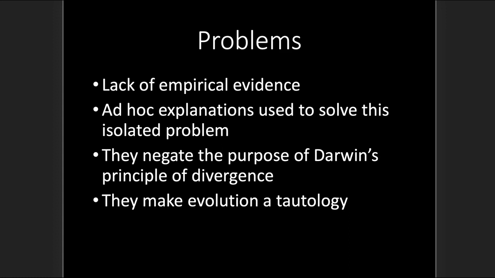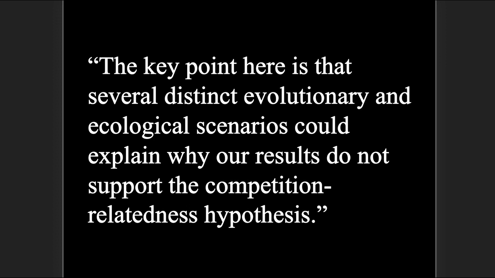There's always these lists of explanatory mechanisms. So let me show you a concluding remark in one of the papers, a paper that goes through some of these explanations, which clearly are not very compelling, and then they end up with this statement. "The key point here is that several distinct evolutionary and ecological scenarios could explain why our results do not support the competition relatedness hypothesis."